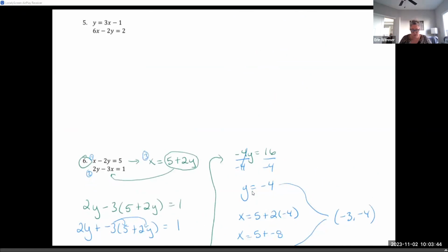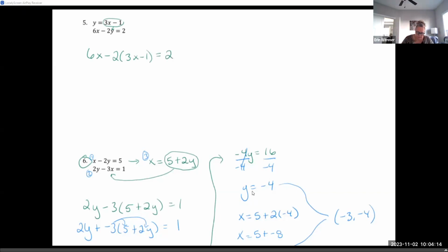Again, like number 4, we already have a variable isolated, so super helpful, right? And so all I have to do is take this stuff and plug it in for y, okay? So when I do that, I'm going to have 6x minus 2 times 3x minus 1 equals 2. Remember, it is 6x minus 2 times that stuff.